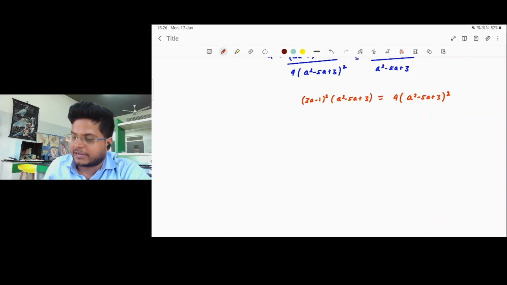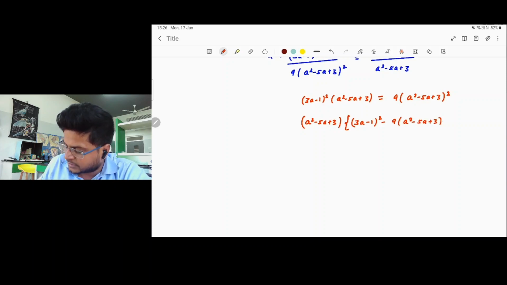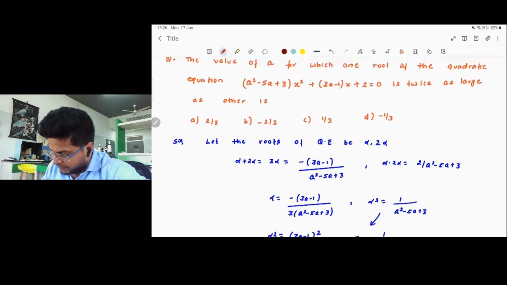Then when we bring everything on the left hand side, you can clearly see that a square minus 5a plus 3 we can take common. And here what we'll be getting is 3a minus 1 whole square minus 9 times a square minus 5a plus 3 whole square.